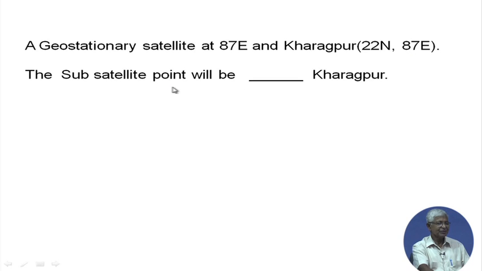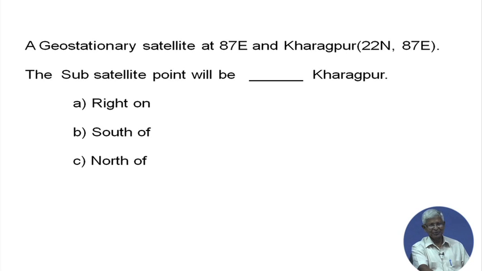The sub-satellite point will be right on Kharagpur, south of Kharagpur, north of Kharagpur, east of Kharagpur, or west of Kharagpur? Think, and then you should answer. Don't look at the next part of the video to find the answer. Think.